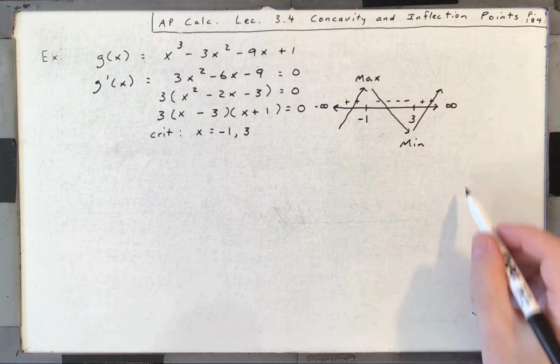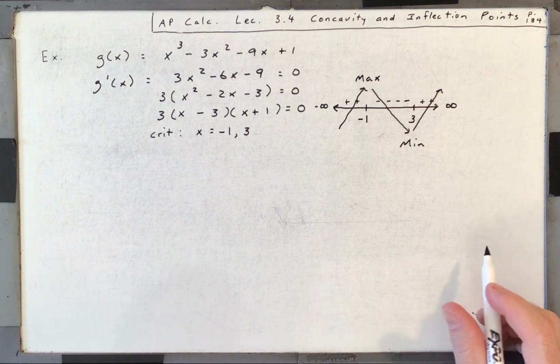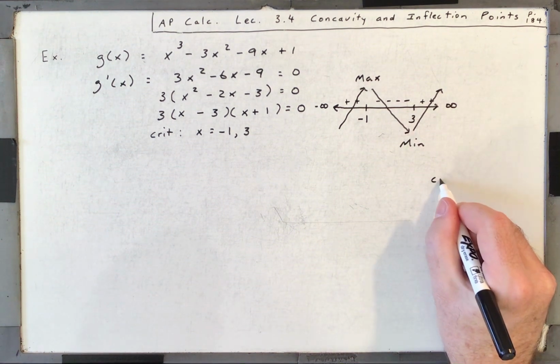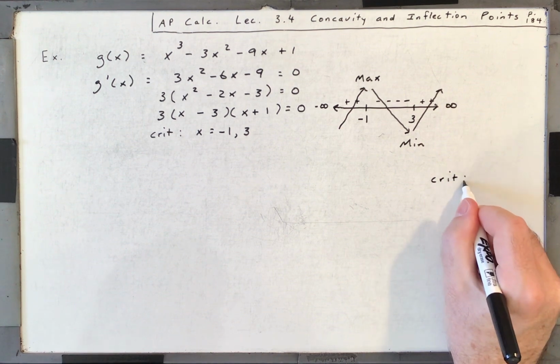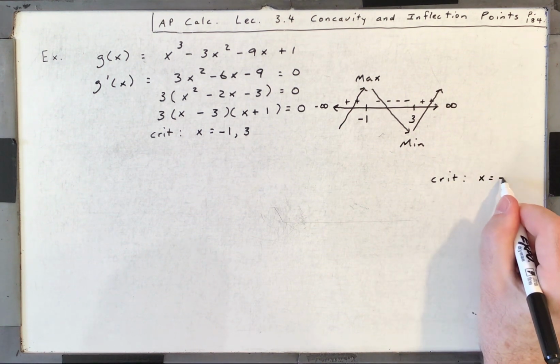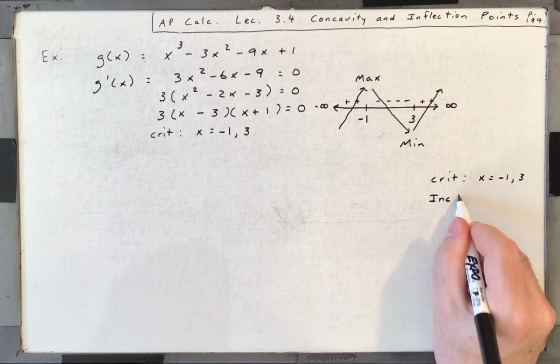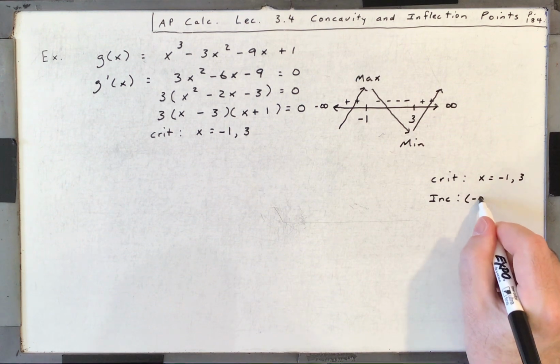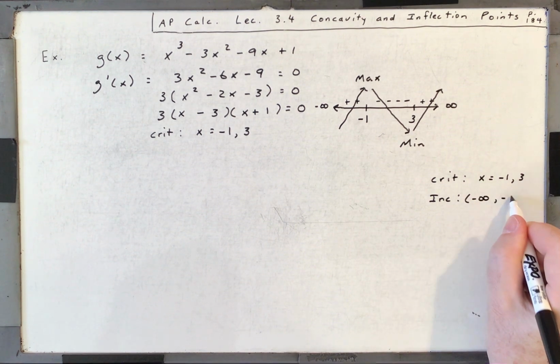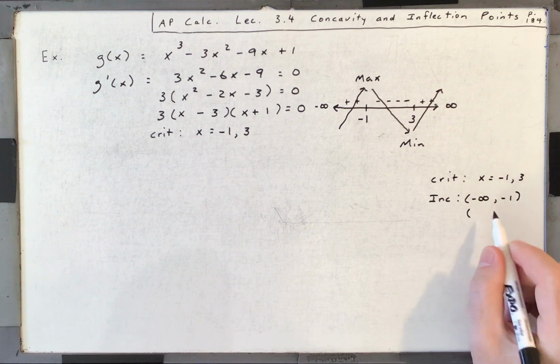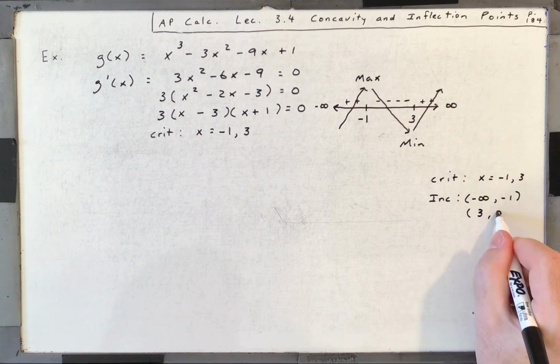So I'm going to write down all our information over here. First of all, our critical points occur at x equals -1 and 3. We are increasing from -infinity to -1, and then again from 3 to infinity.